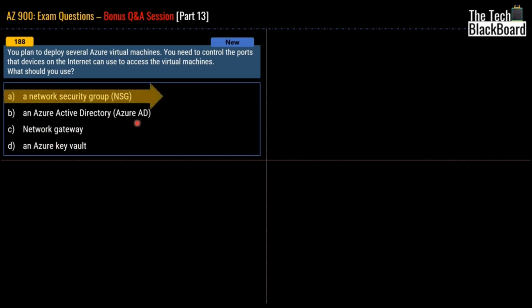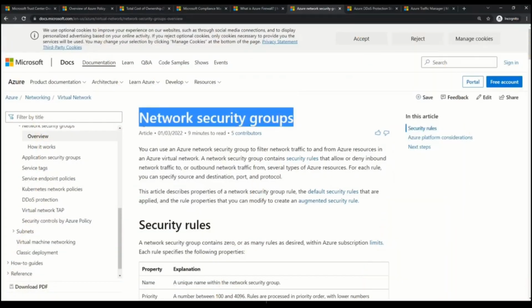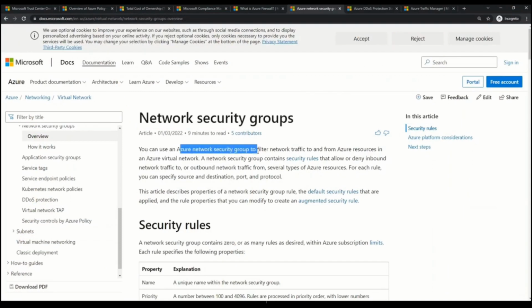To properly justify the answer, let me take you to the Microsoft documentation. So this is the page that talks more about network security groups. It says that you can use an Azure network security group to filter network traffic to and from Azure resources in an Azure virtual network.